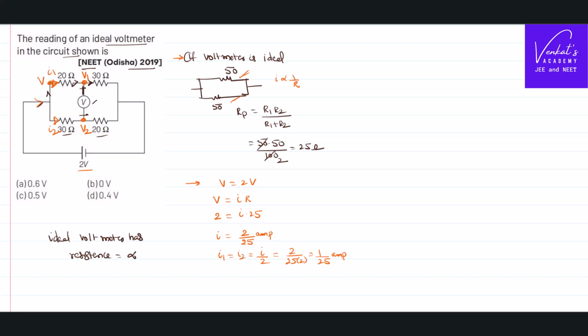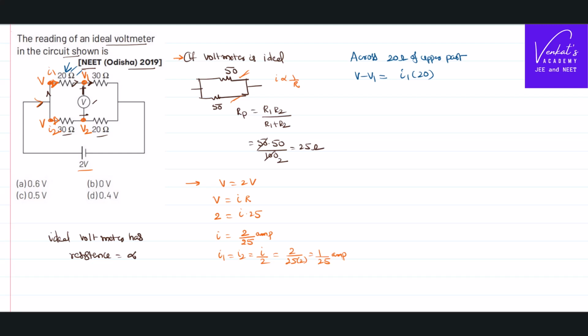Let me call that voltage V. This voltage is also V. So across the upper 20 ohms, I am referring to this one, I can write V minus V1, that is the voltage difference between them, is IR, that is I1 across 20 ohms.